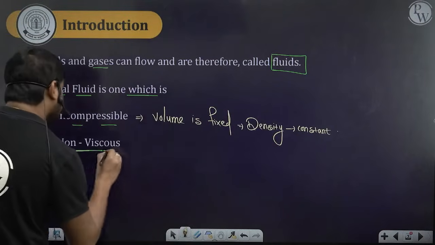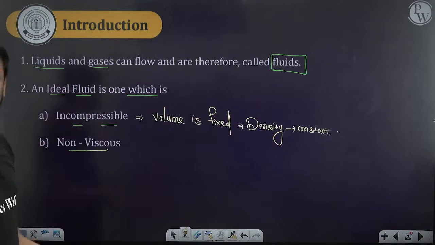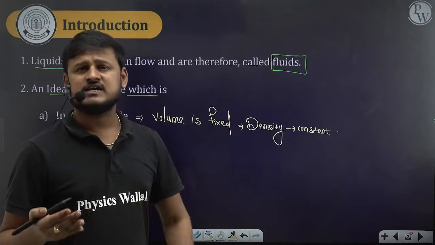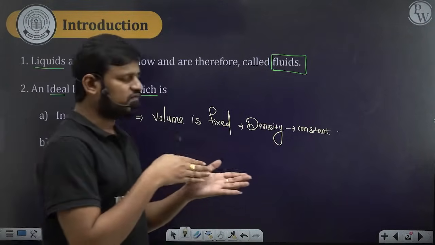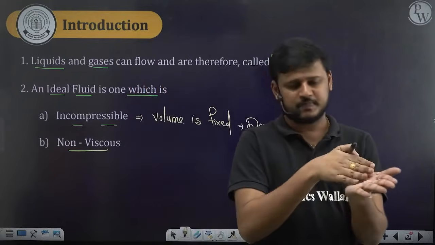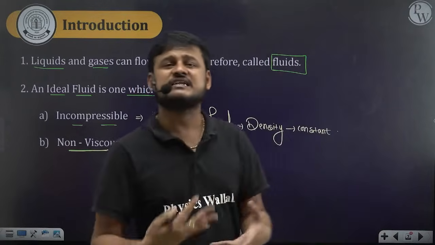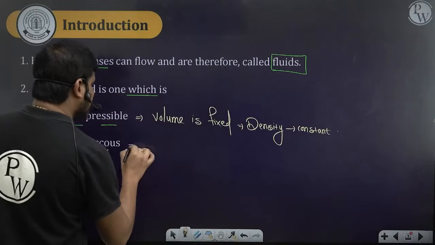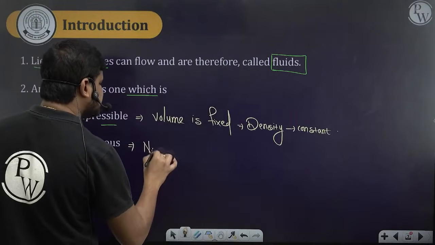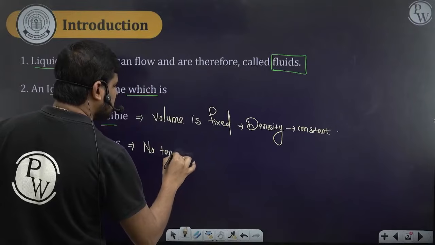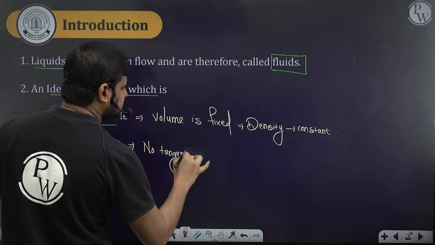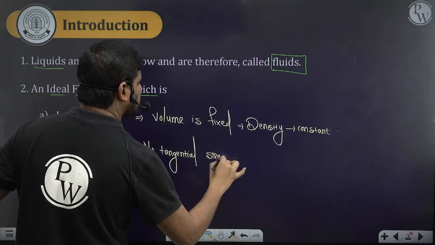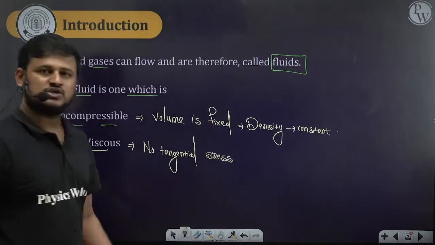And one more important property of the ideal fluid is that it's non-viscous. Non-viscous means, in liquids, if a fluid is flowing over another fluid, then we can say there is a viscous force. So non-viscous means no tangential force or no tangential stress, as the NCERT line says.